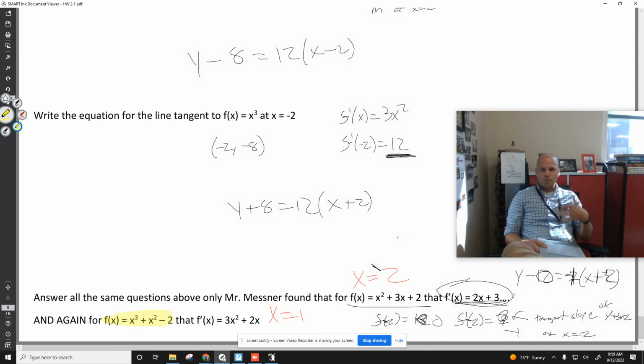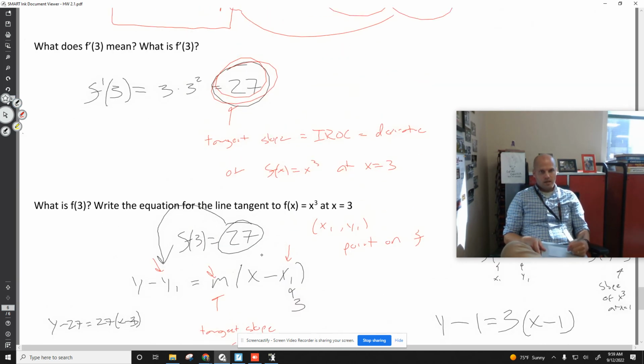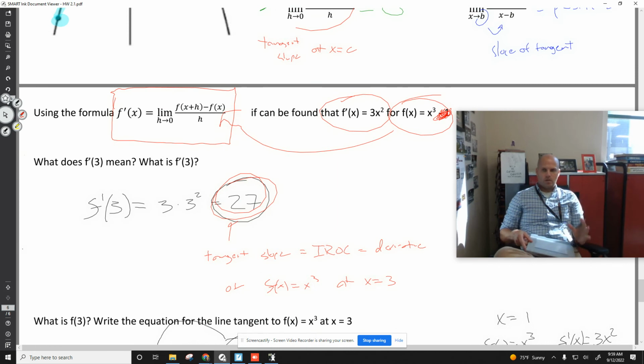New equation, different equation. A different function, an x cubed plus an x squared. I took that equation, I plugged it into this magical formula that combines our knowledge of limits with our knowledge of a slope formula. I'm not going to show you all the work. It takes too long, and it's just going to be confusing. You're going to be able to do this very quickly because this formula here generates rules.